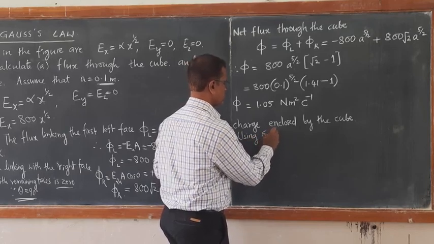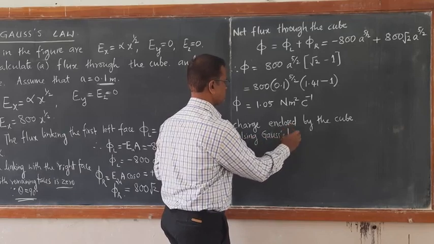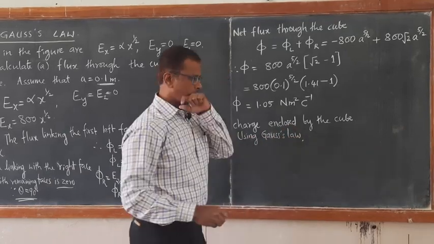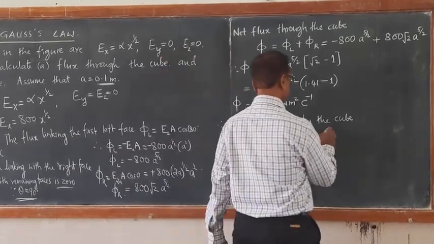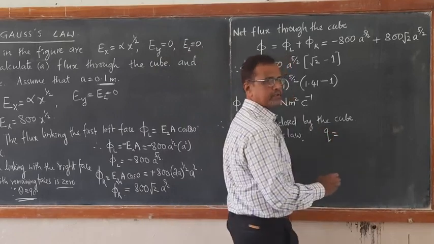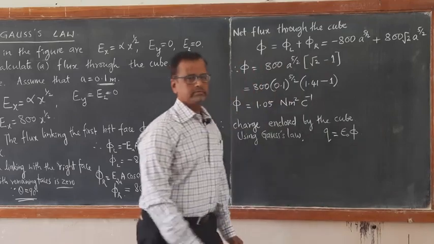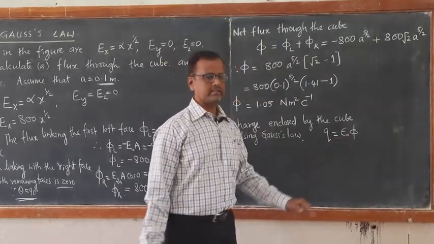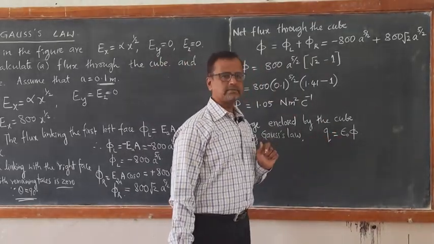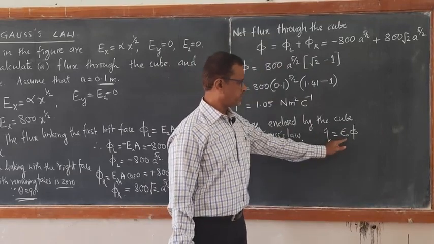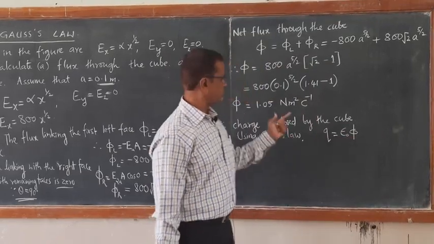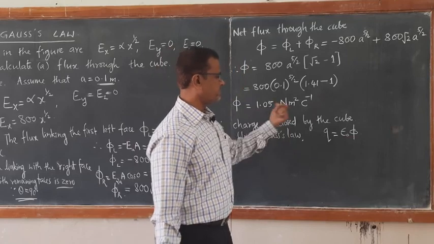Using Gauss law, we can write directly Q equal to epsilon naught times flux. Q by epsilon naught is equal to flux, therefore Q is equal to epsilon naught times flux. So we know the value of epsilon naught and we know the value of phi, that is already calculated here.